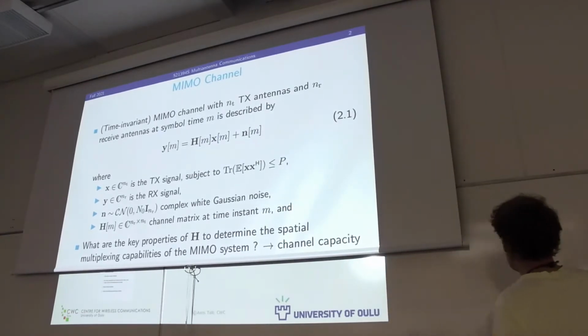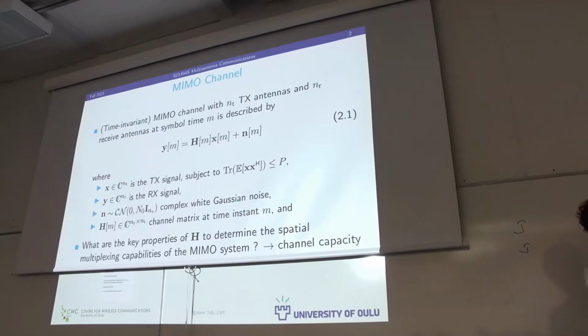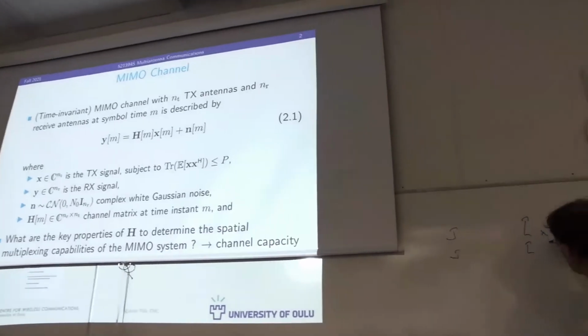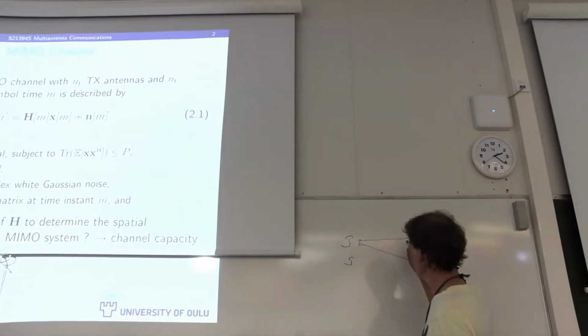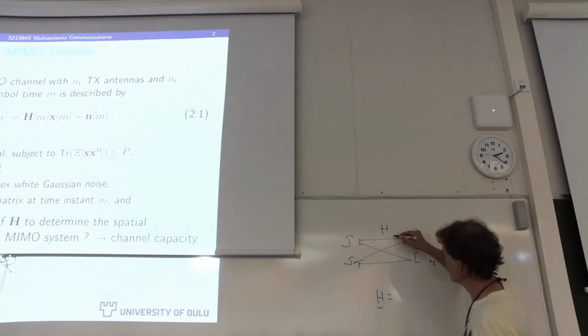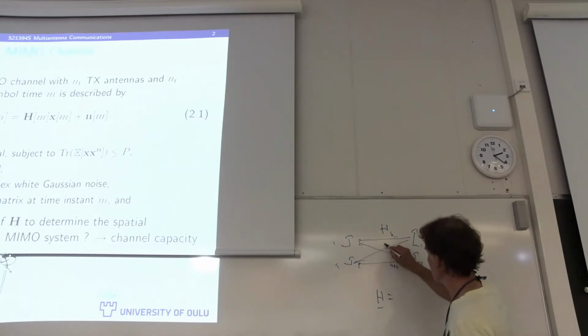As an example, let's consider a 2x2 scenario. We have the input, with x1, x2. There we have the MIMO channel. We can collect all these entries, h11, h22, antenna 1, 2, antenna 1, 2, h21, and h12, into a matrix.